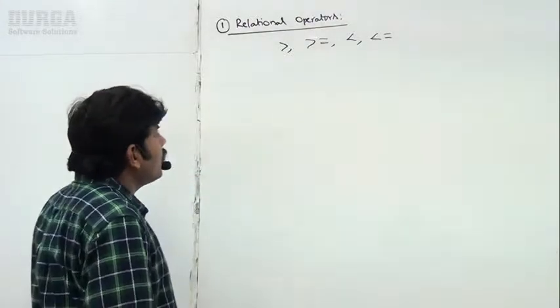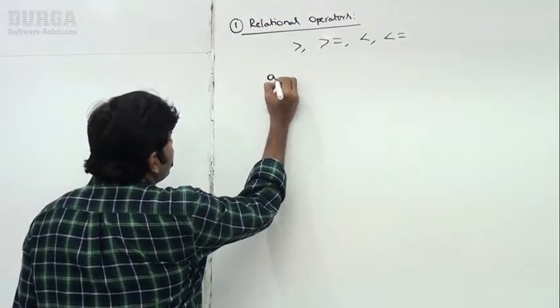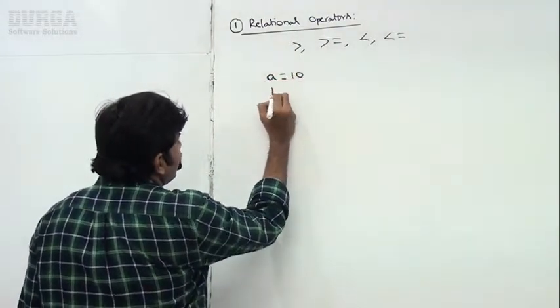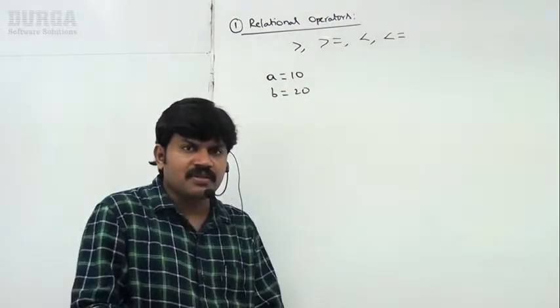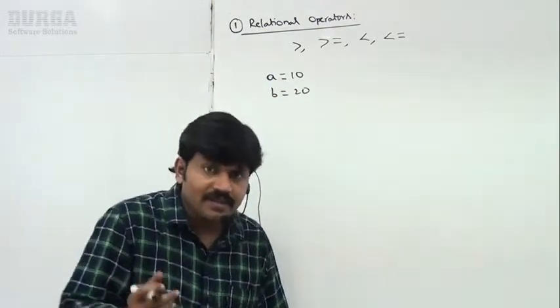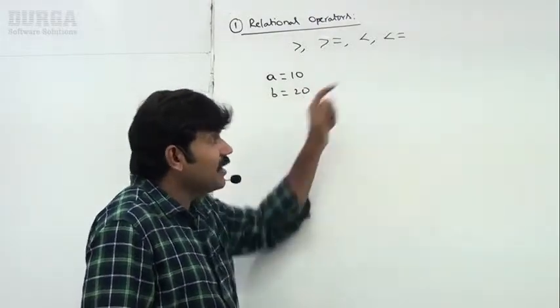Now if you observe, it's very easy. A is equal to 10, B is equal to 20. You can compare two numbers: whether one is less than or not, greater than or not, less than or equal to, greater than or equal to.